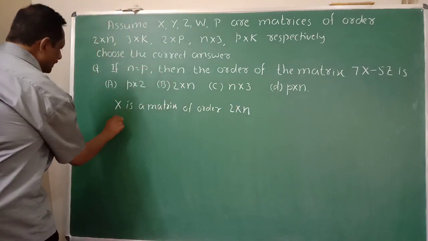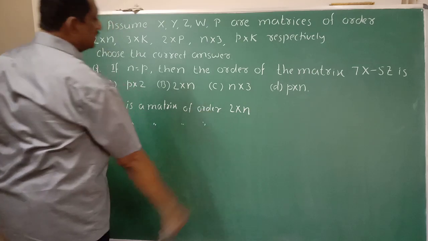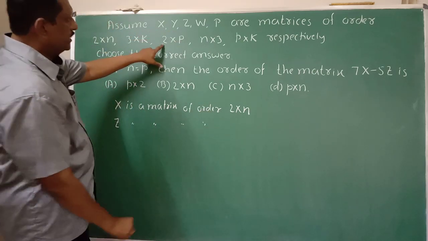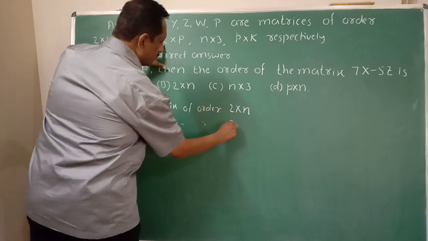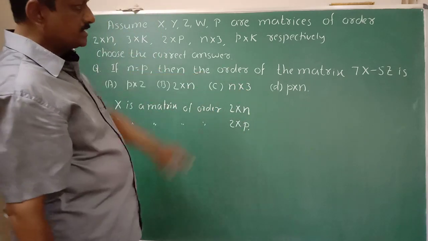Next, take Z. Z is a matrix of order 2 into P. Here 7X minus 5Z.